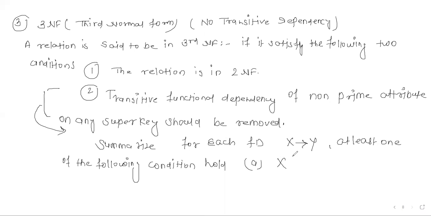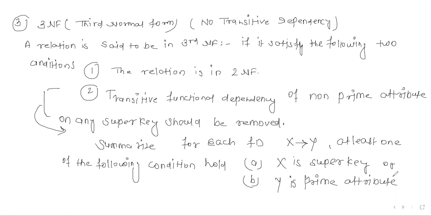Either X is a super key, or the second case is Y is a prime attribute. X is a super key means whatever functional dependency you will be getting, your X should be a super key, or else if X is not a super key, no matter, your Y should be a prime attribute. Then you will say that your table is in third normal form.